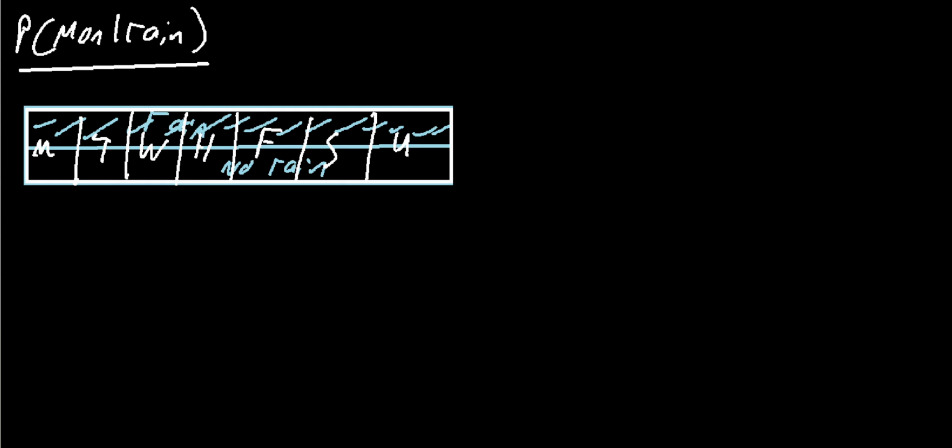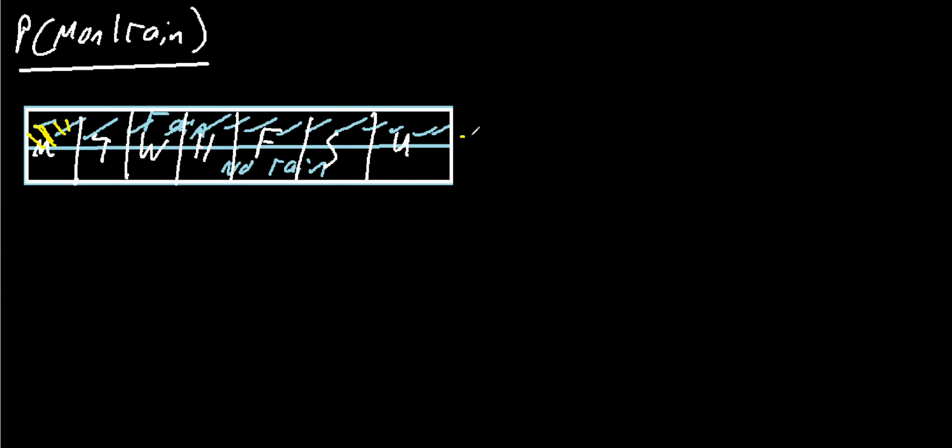We want to find the probability of it being Monday given that it is raining. Given that it is raining means that we are confined to this top part of the larger blue rectangle, because that's when it's raining. Then we want to find within there when it is Monday, and it's right there.